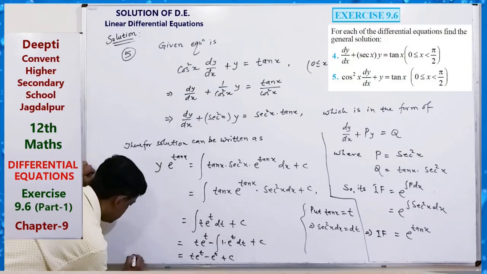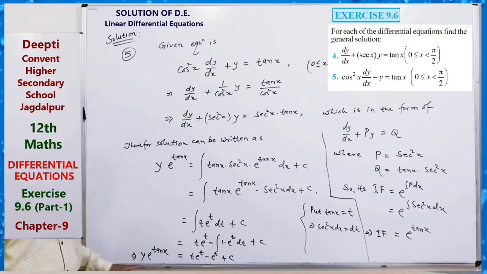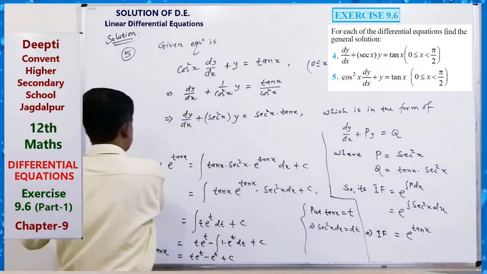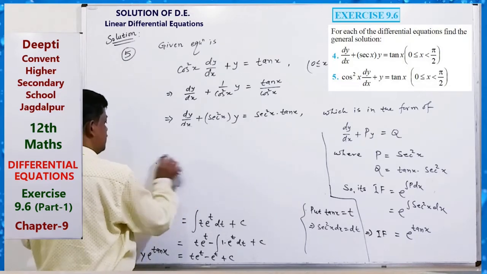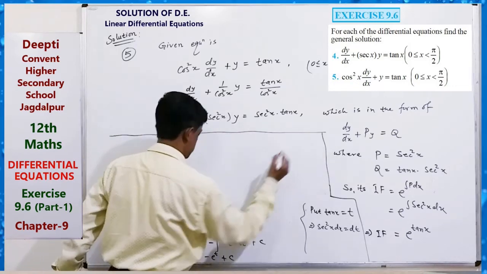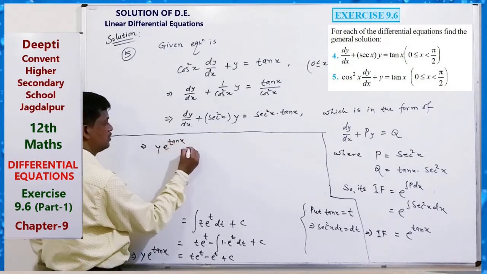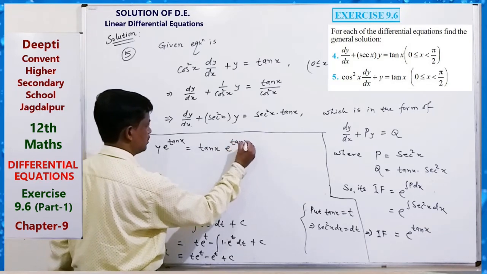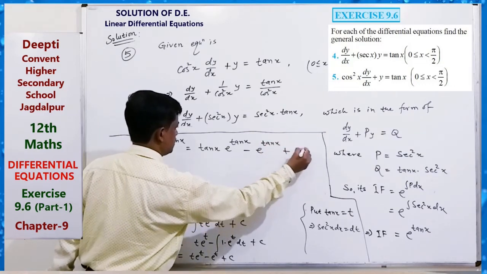So this is y e to the power tan x equals, now t means tan x. So the solution is, after this line, y e to the power tan x equals tan x e to the power tan x minus e to the power tan x plus c.